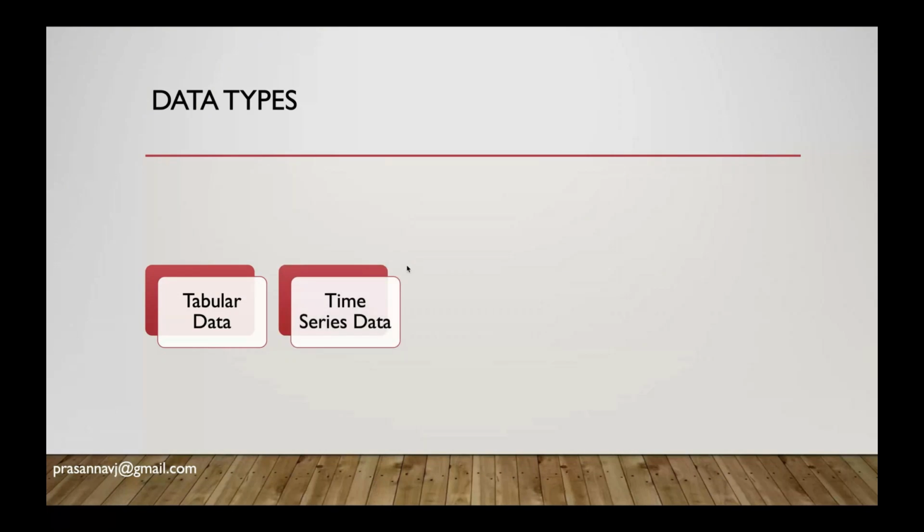And there is another type of data called time series data. Time series data is pretty famous in terms of prediction exercises. Assuming that you have stock market information, the price of your stock keeps on changing every minute. You take, let's say, Apple's share. The share price of Apple will keep on changing over a period of time, and as time goes by, there will be variations in the price.